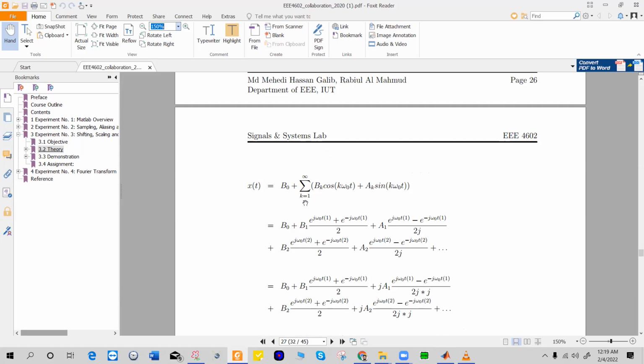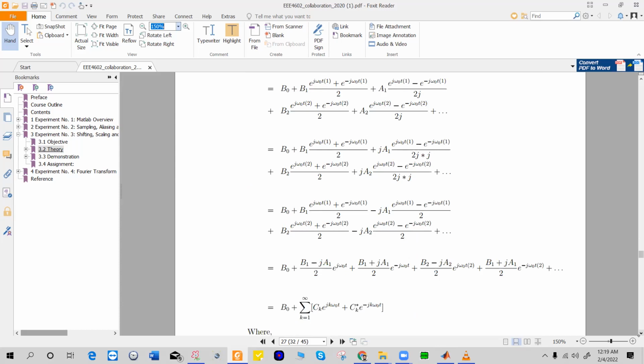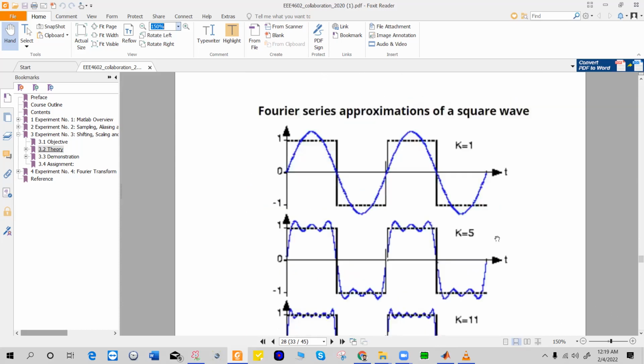Other than that, k is equal to 1 to infinity for the different frequency components. You can have x(t) as a summation of cosines and sines. Okay, so let's try to visualize what I'm trying to say. Suppose this is your time domain signal x(t).